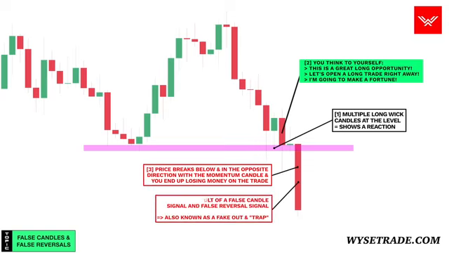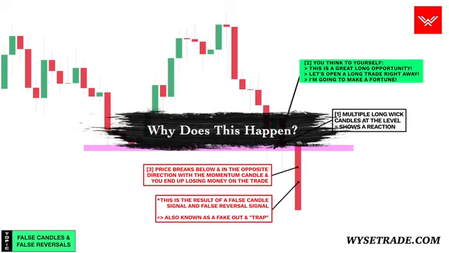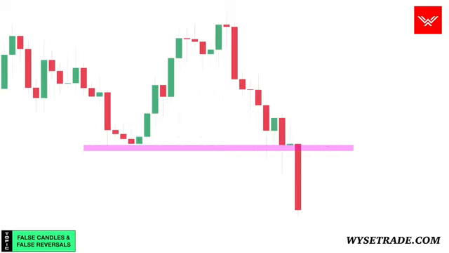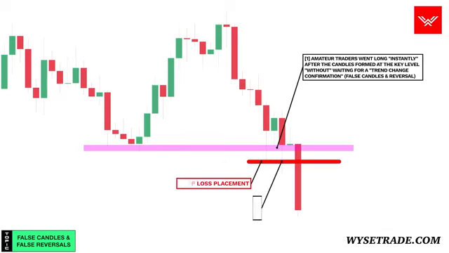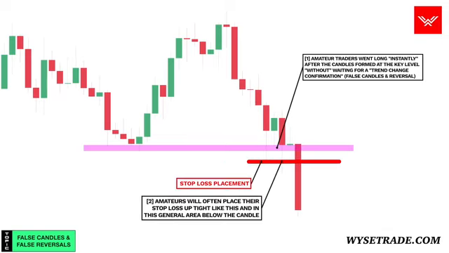This was a false reversal, also known as a fake out or a trap. So why does this happen? Amateur traders who don't wait for a trend change confirmation will enter right away after the candle patterns form at the level here. And they will often place their stop losses up tight in this area here below the candle.